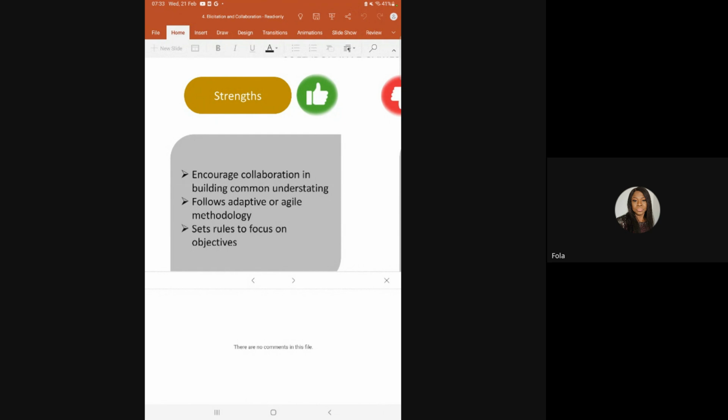You can always set rules for focusing on the objectives. Whenever you are playing the collaborative games, you can set rules to focus on the objectives so that these games are effective.